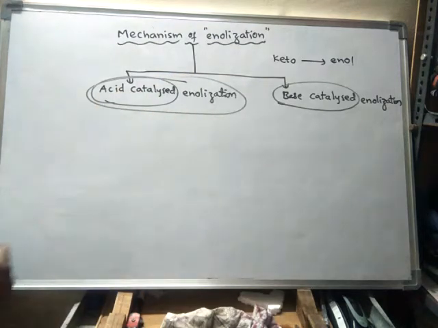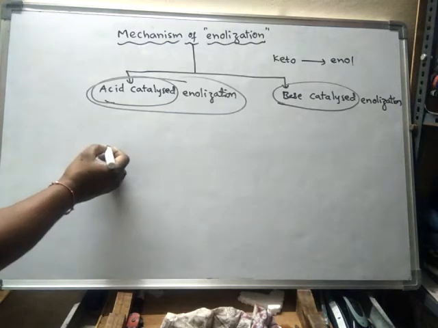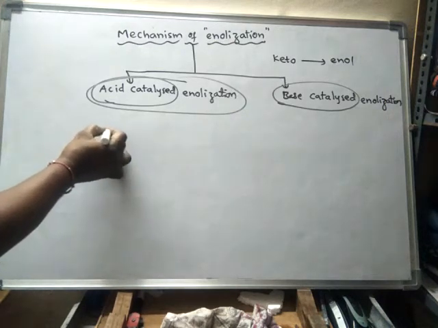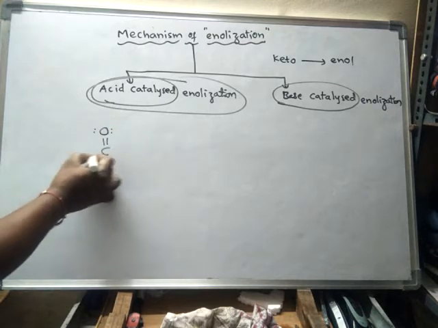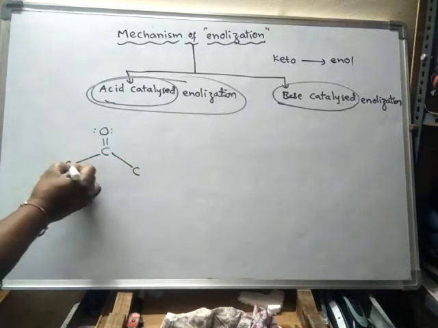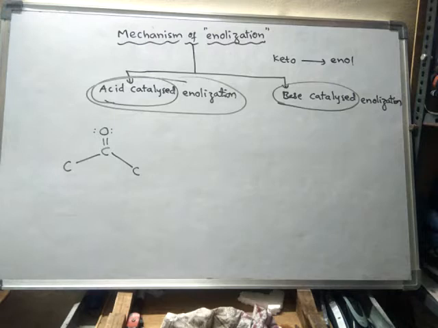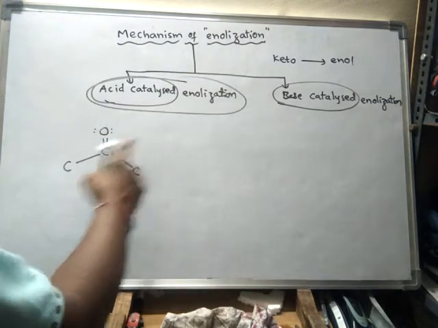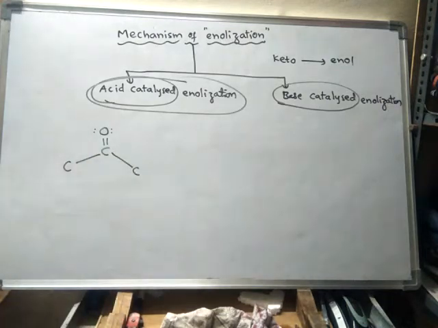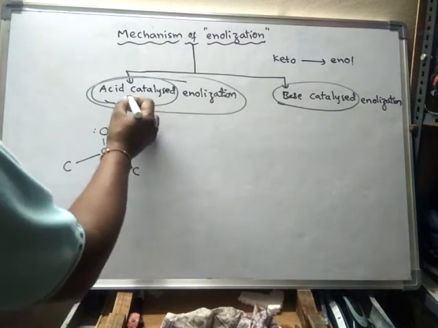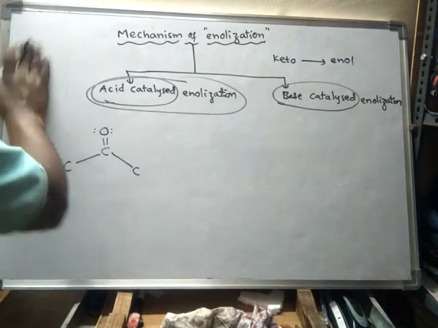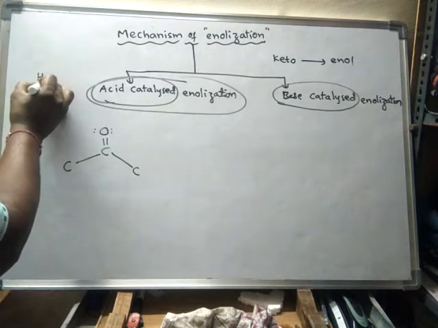In this mechanism, suppose this is a ketone, and we want its conversion into enol. Acid in aqueous solution will exist in the H3O+ form.